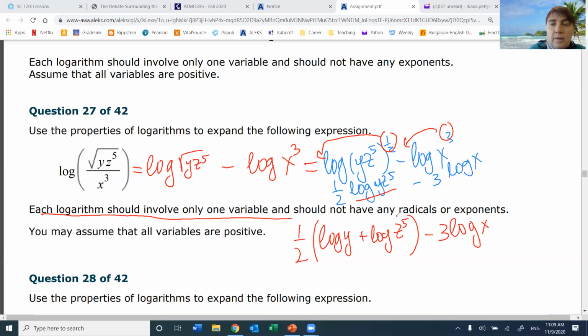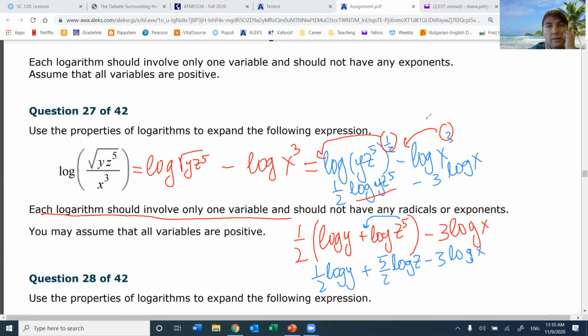And then the 5 would come out and be in front. So then, since you wanted single logarithms, 1/2 log y plus 5/2 log z minus 3 log x. Here we go. Number 27.